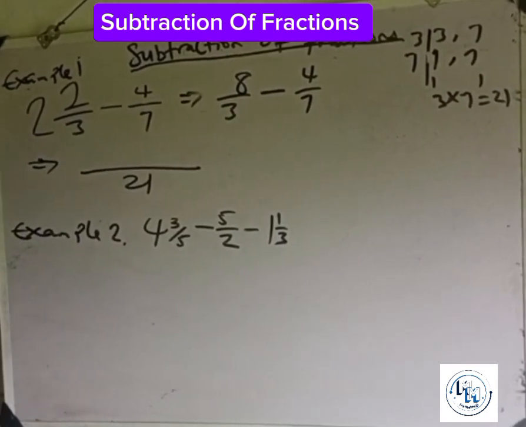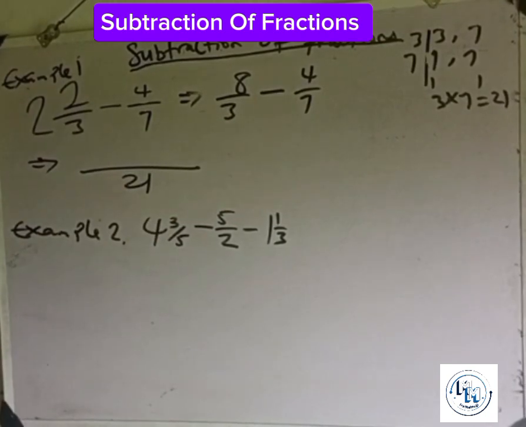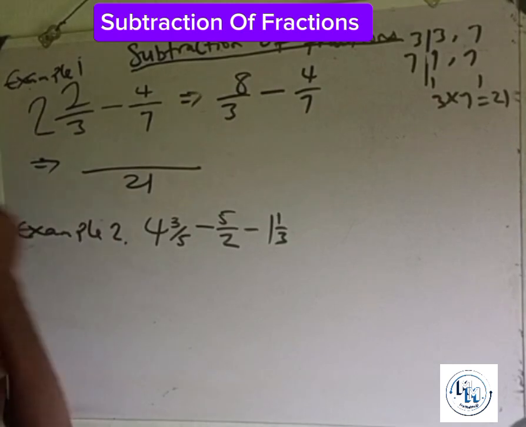So what am I going to do next? I'm going to say 21 divided by 3, which gives me 7, right? Now the next thing I'll do is 7 times 8, which should give me 56.